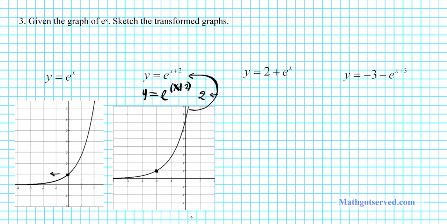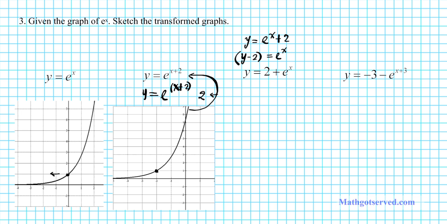All right, let's take a look at this one right here. y equals 2 plus e to the x. Two ways you can write this. You can write this as y equals e to the x plus 2. Or you can write this in transformational form as y minus 2 equals e to the x plus or minus 0, e to the x minus 0.